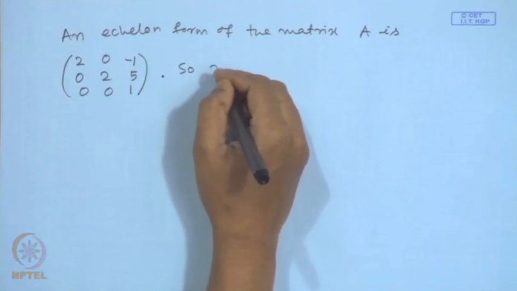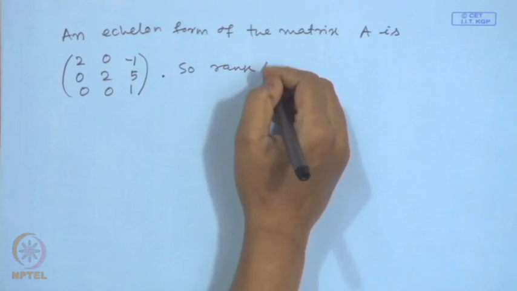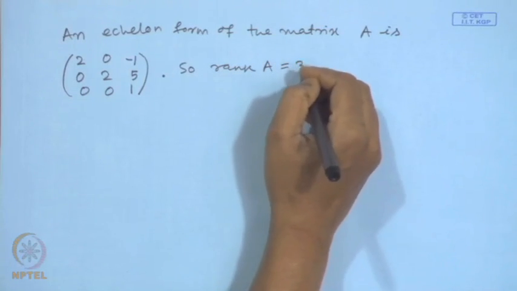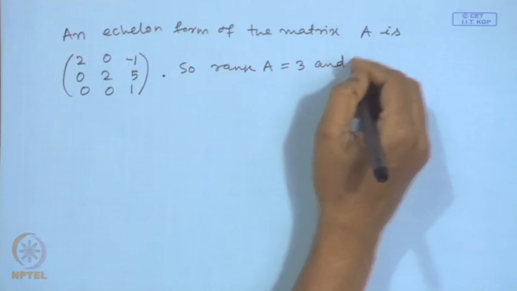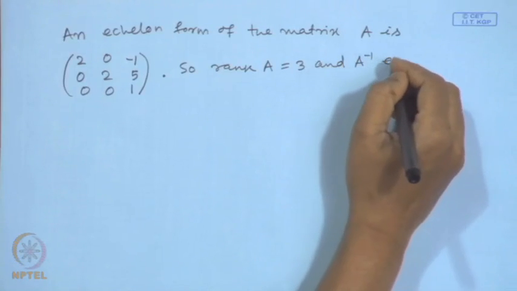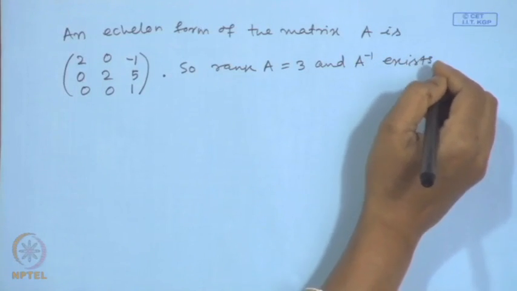So, rank of A is equal to 3 and A inverse exists.